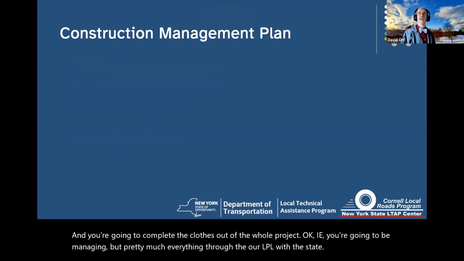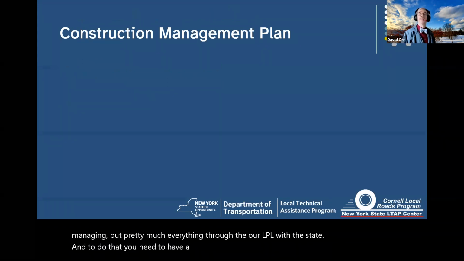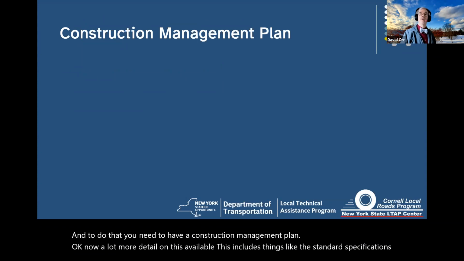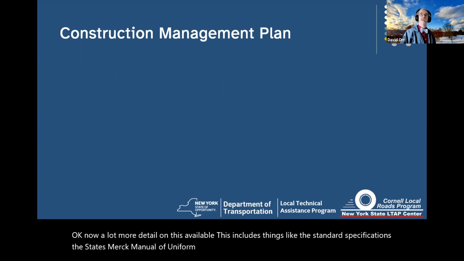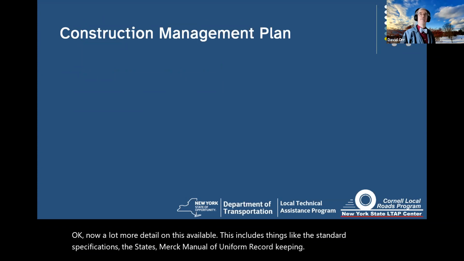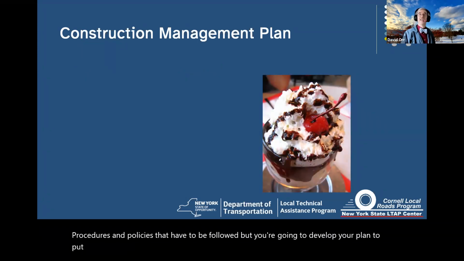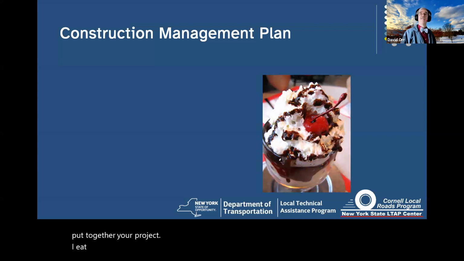And to do that, you need to have a construction management plan. Now, a lot more detail on this is available. This includes things like the standard specifications, the state's MURK, Manual of Uniform Record Keeping, and procedures and policies that have to be followed. But you're going to develop your plan to put together your project, i.e., write it all down in a format that makes sense.